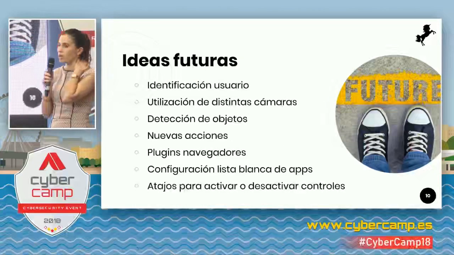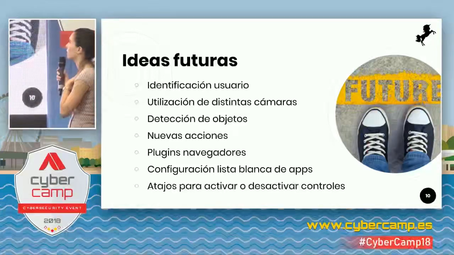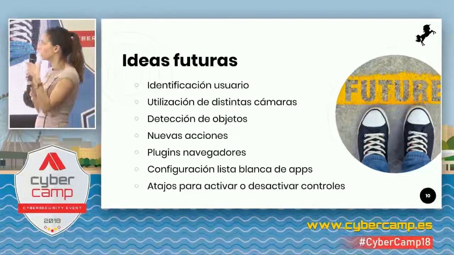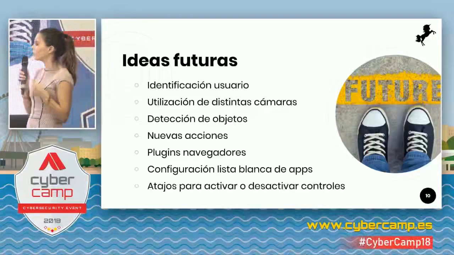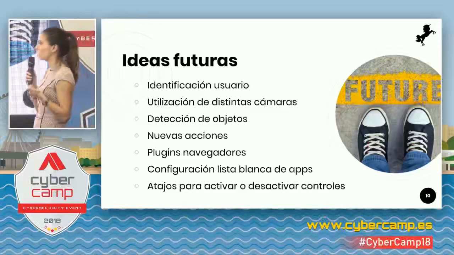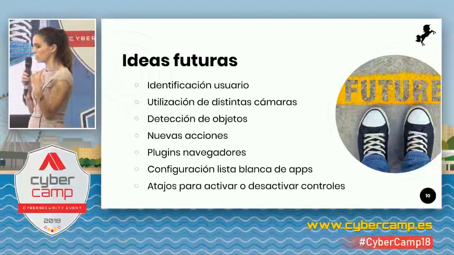What are good ideas for the future for this? Well, identifying the user. We didn't have time to include that, unfortunately, because the ISO is more complex than face recognition. The second idea would be using different cameras for depth and angle change, or to know if there's a camera behind recording.